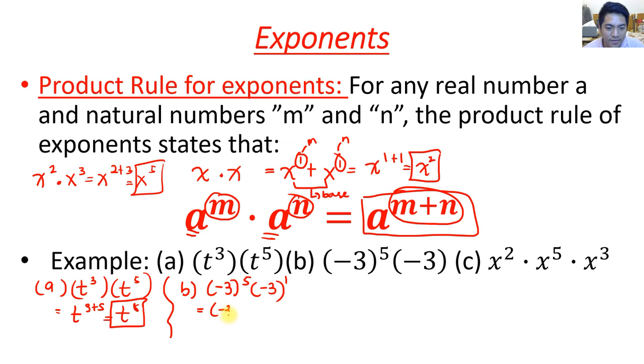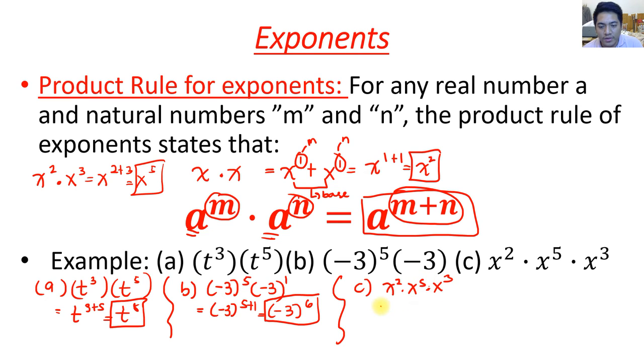So you have negative 3 raised to 5 plus 1, we have negative 3 raised to 6. For letter C, we have x squared multiplied by x raised to 5 multiplied by x cubed. So if we do that, we have x raised to 2 plus 5 plus 3. So that would be x raised to 10.